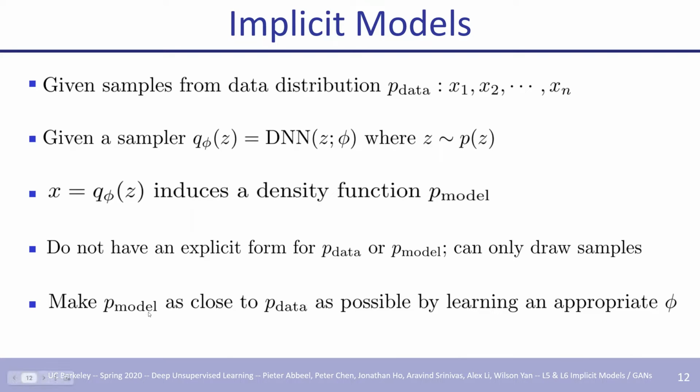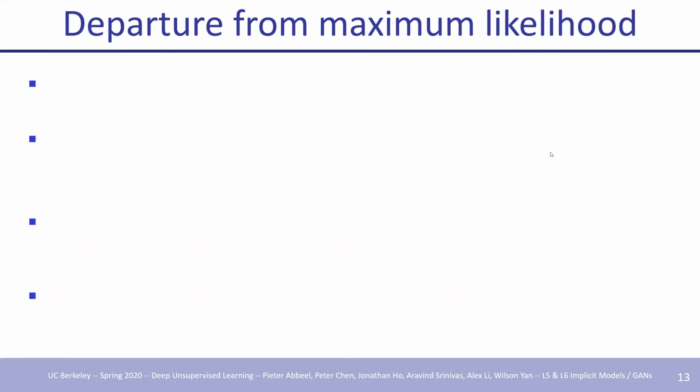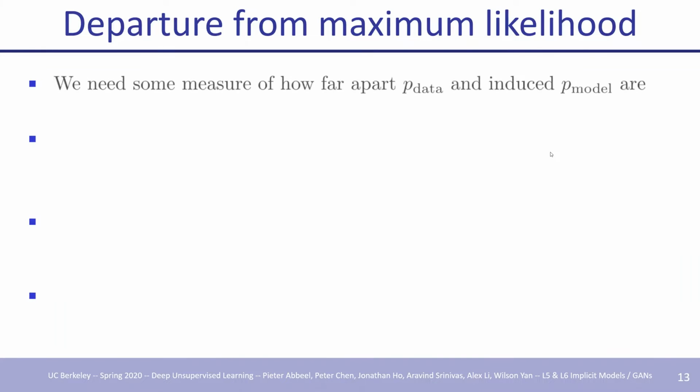And the goal, of course, is to make P model as close to P data, and then by learning the appropriate phi, which is all the weights in our neural network, right? Pretty straightforward. Okay.